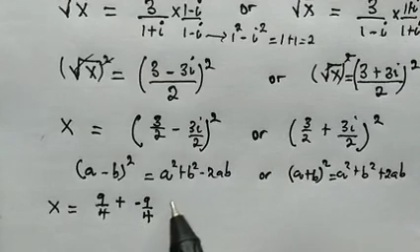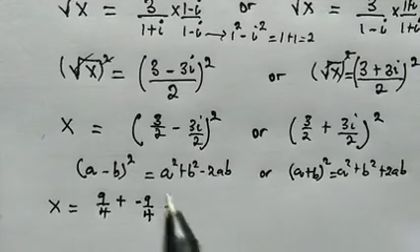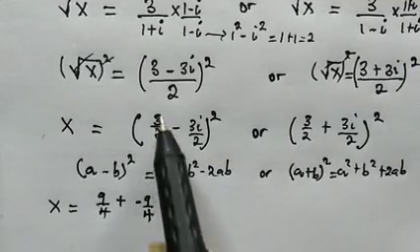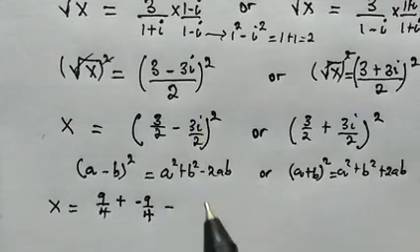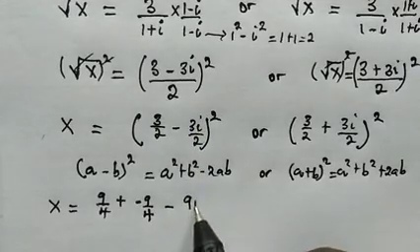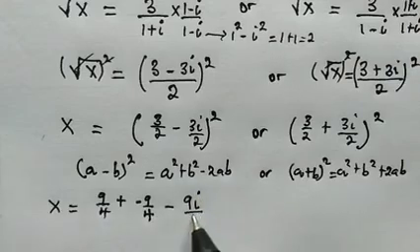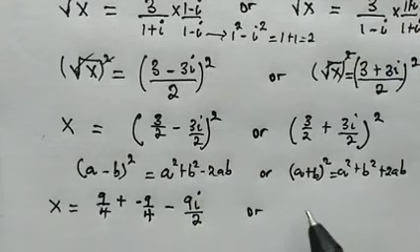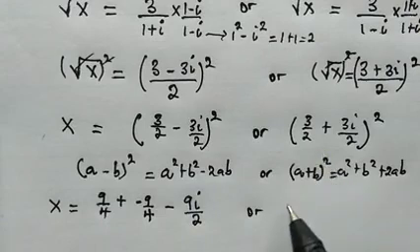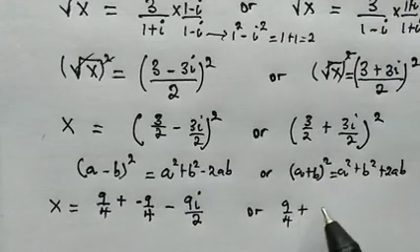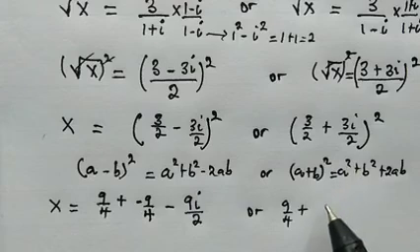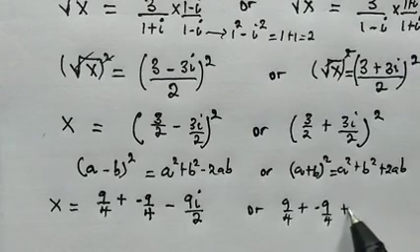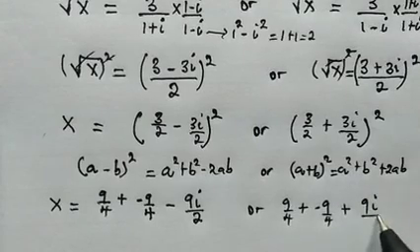Then we'll have minus 2 times 3 over 2 times 3i over 2, which will give us 9i over 2. And for here, we have a squared, this 3 over 2 squared is 9 over 4 plus 3i over 2 squared is negative 9 over 4. And we have plus 9i over 2.